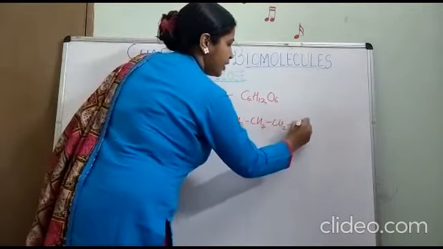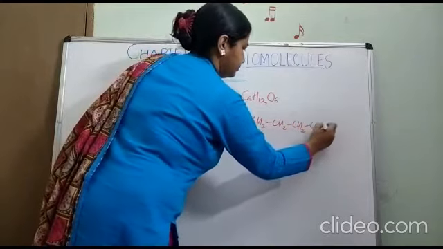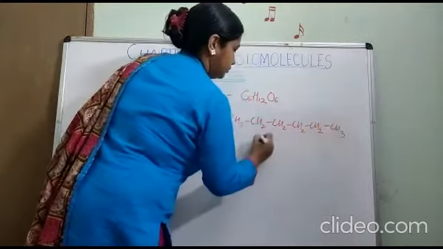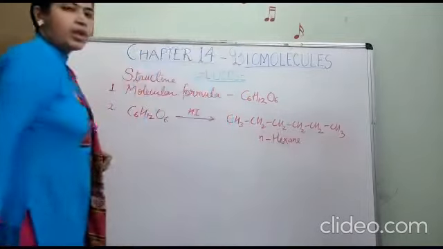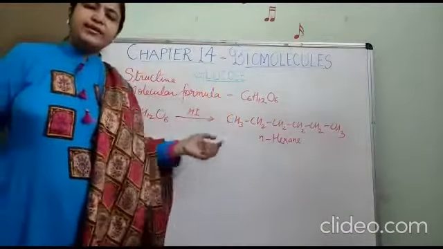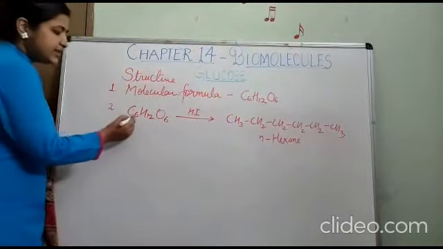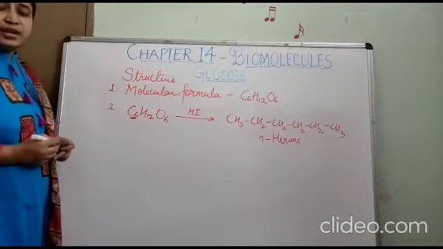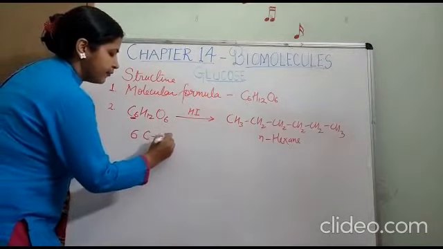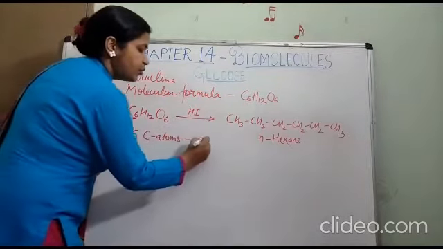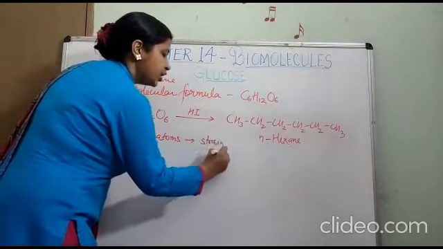This is the structure of n-hexane. So the formation of n-hexane indicates that these 6 carbons which are present in glucose form a straight chain.